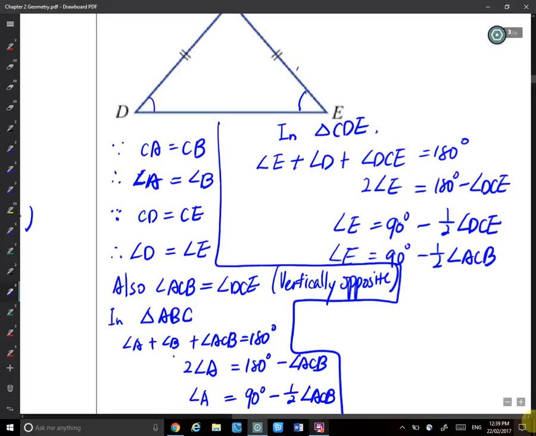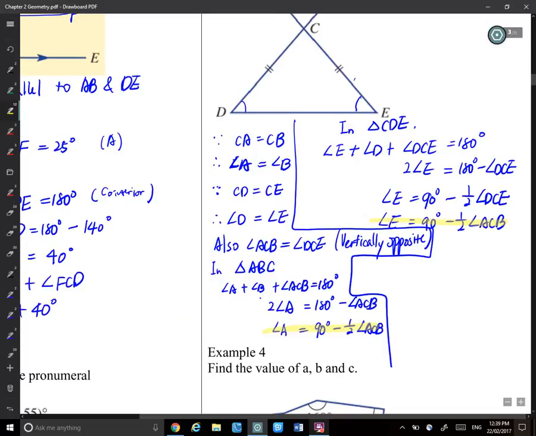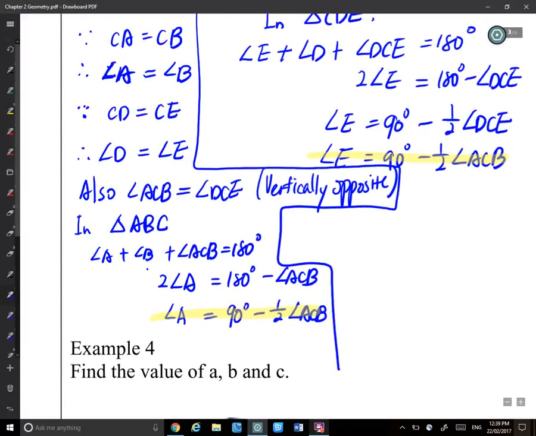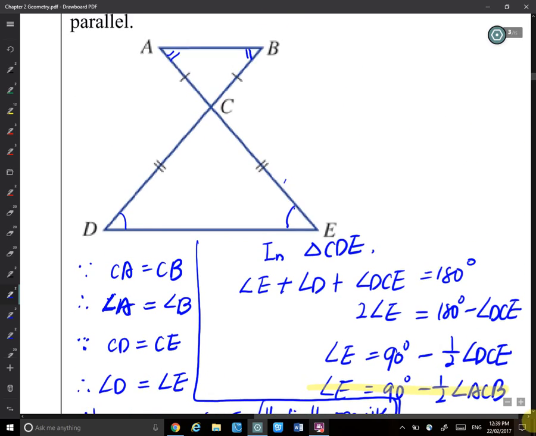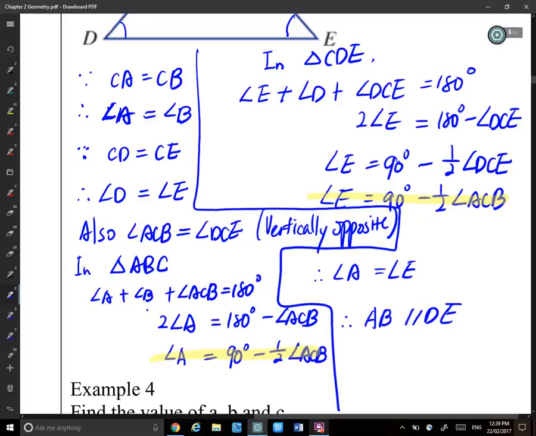Now have a look, they are in the same expression. So angle A equals angle E. Therefore, AB is parallel to DE, because the alternate angles are equal, therefore they must be parallel lines.